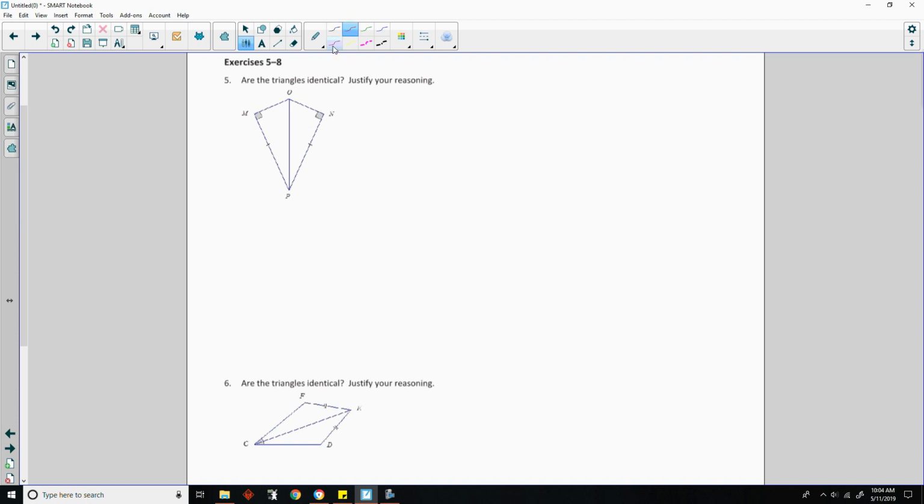In this triangle, we're told that angle M and angle N are right angles. So angle M is congruent to angle N. We're told that side MP is congruent to side NP.